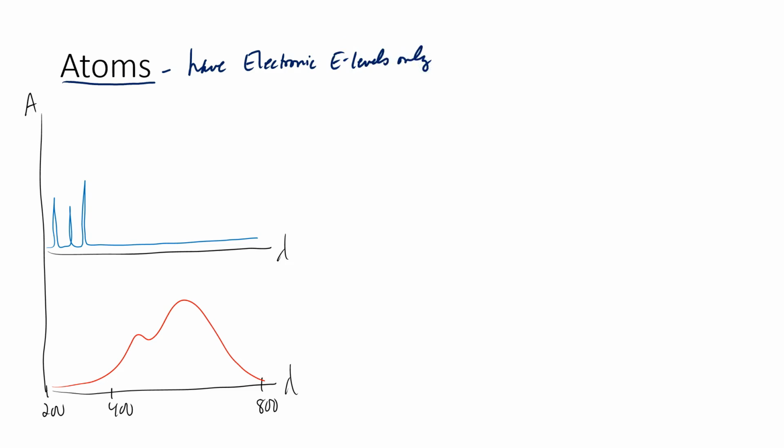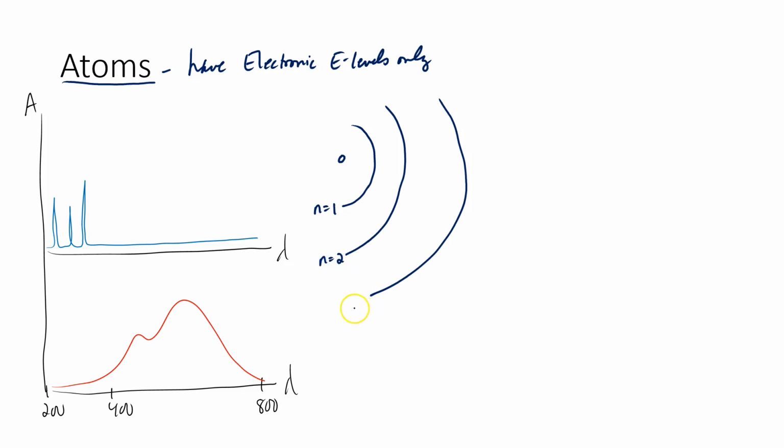I'm going to ask you to think back to introductory chemistry when you learned about the Bohr model, and there was this small, dense nucleus, and these electrons existed in orbitals far away from the nucleus. So you might have called this your first shell, n equals 1. N equals 2 was your second shell. N equals 3 was your third shell, and so on.